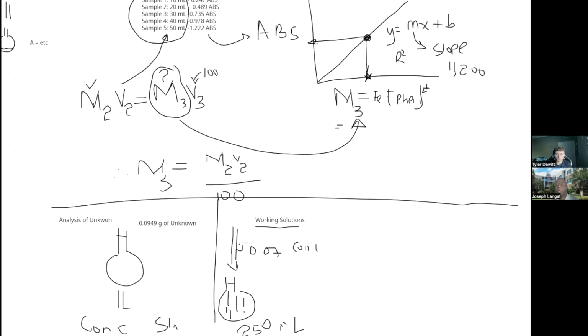Assuming that, let's say, you have fine-tuned to 10 ml of your unknown solution, and it's giving you, let's say, 0.689 AU.